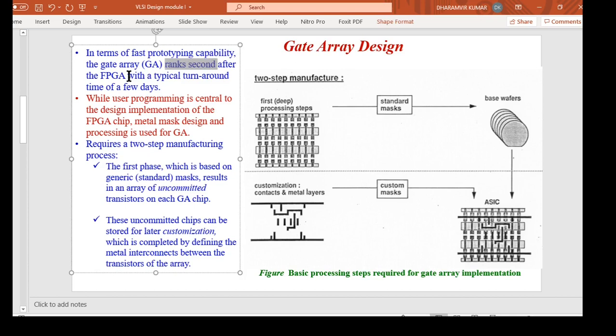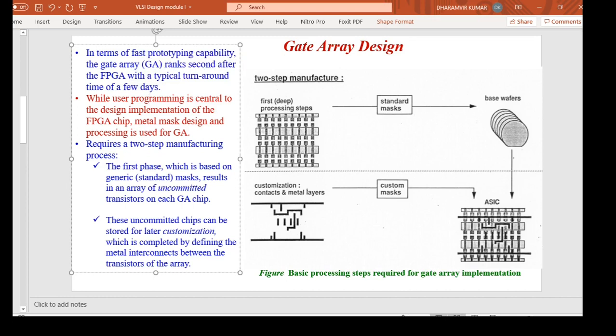FPGA is the fastest one in terms of providing fast prototyping, and after that gate array design comes. So the typical turnaround time is of a few days in the case of gate array design.